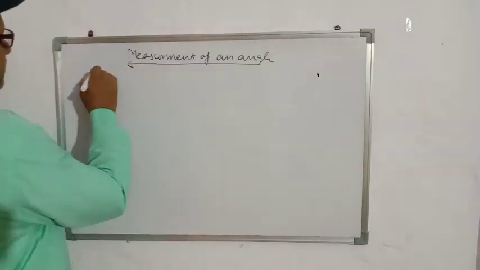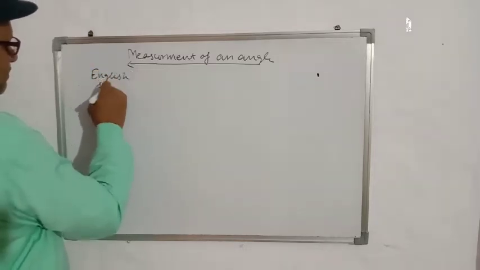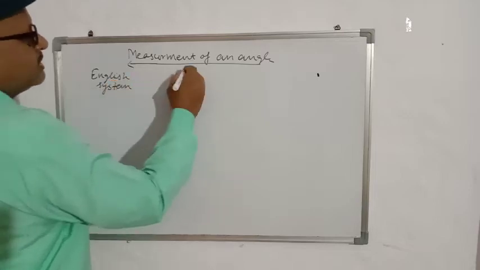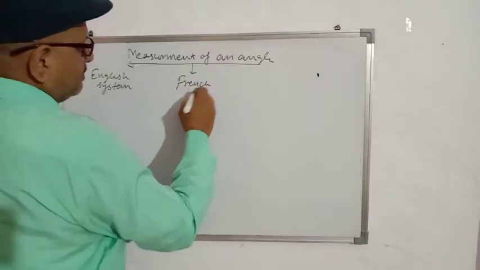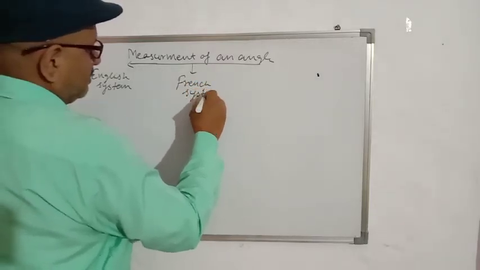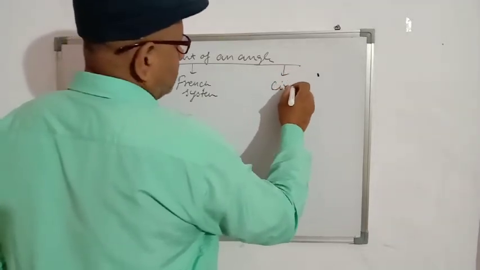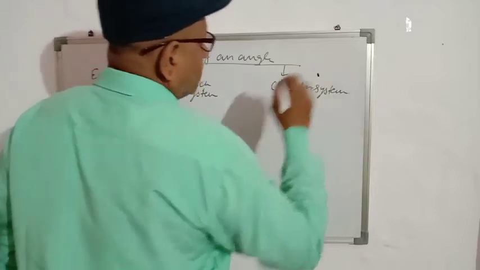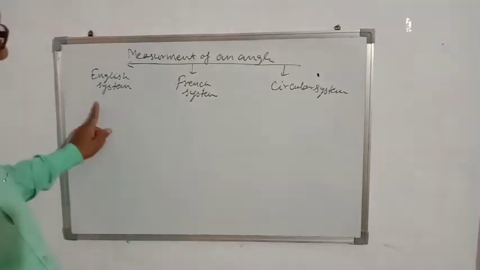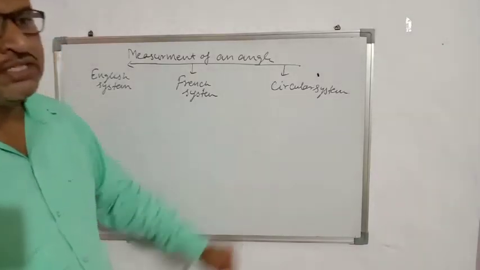First one is the English system. Second one is the French system. And third one is the circular system. So an angle can be measured in three systems: English system, French system, circular system.